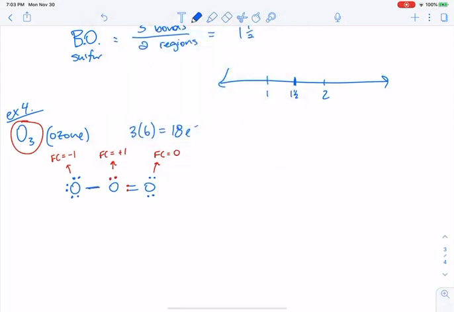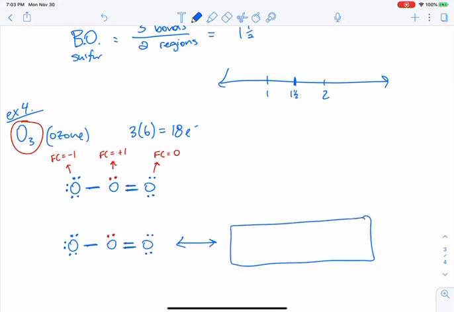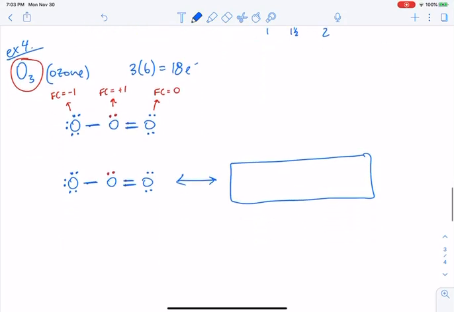Now let's draw some resonance structures here. So let me make a copy of this. Copy, paste. Okay. Now what I want you to do is try and draw the resonance structure here. Now be careful. You may be thinking, I'm going to take these electrons and turn them into a bond.